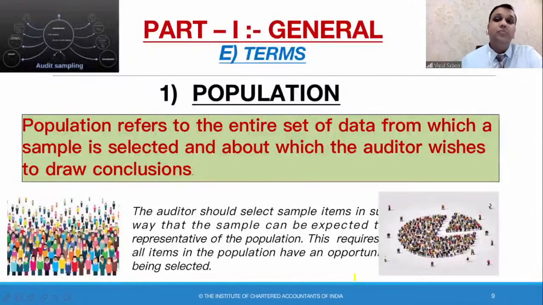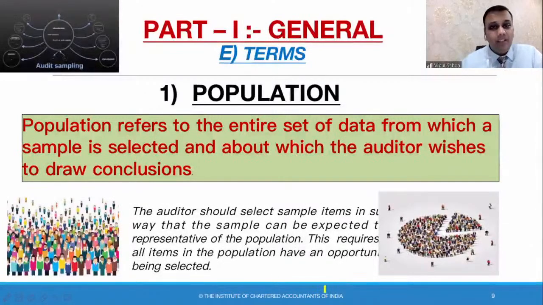Fine. So let's move ahead to certain terms. The first term is population. Oh, yes, we have read about it in economics, demographic population, right? In terms of audit, population is with respect to the data, the accounting data, the financial data which we are auditing as an auditor.